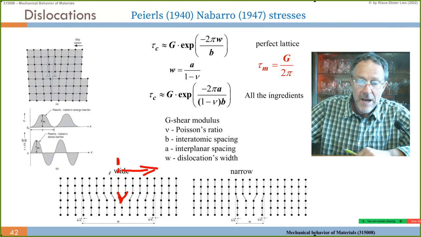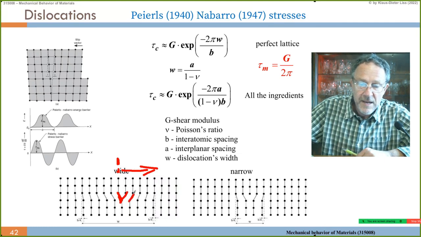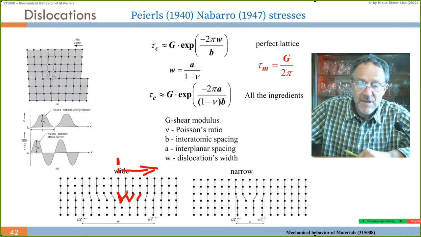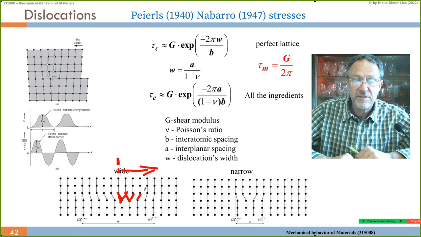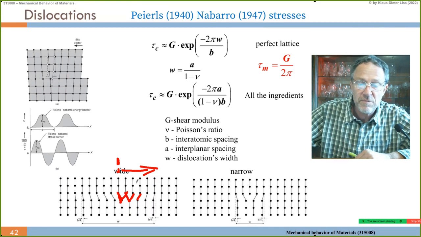Because in the situation of the wide dislocation, we have already many inclined bonds. So if I switch from the inclination to the right to the left, there's not so much distortion in the symmetry between left and right. But then the dislocation would have moved 1 lattice parameter, 1 Burgers vector to the right.